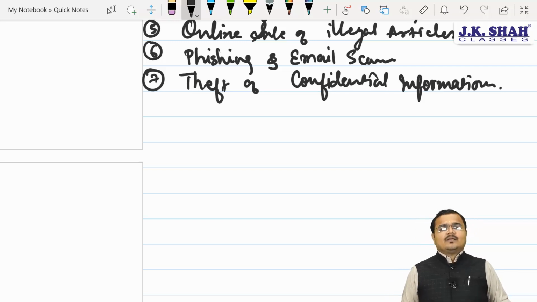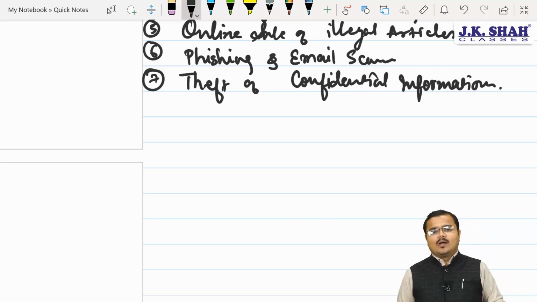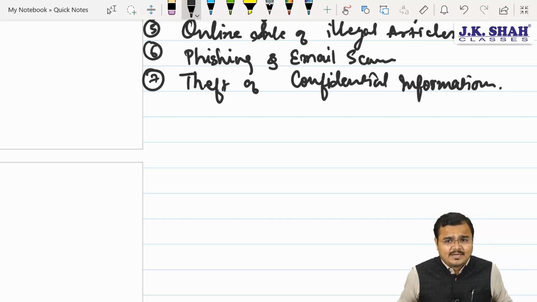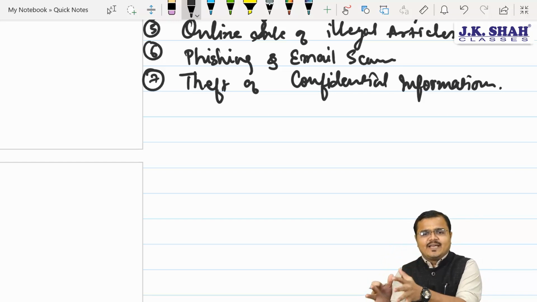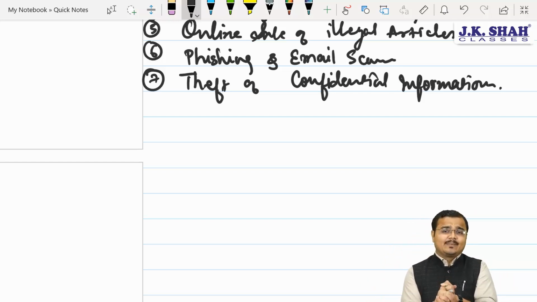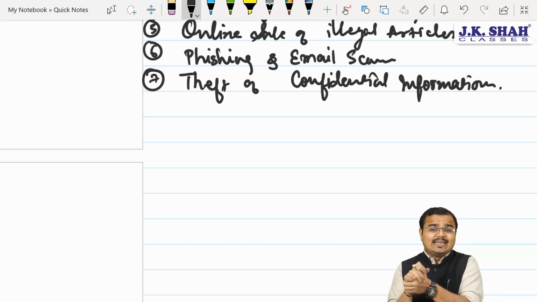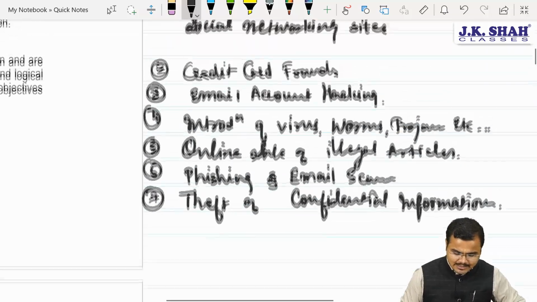And today, people are not ready to do any kind of physical theft, but they would like to do purely data theft only. They would try to make sure that some confidential information about the customers they must be able to acquire, and thereby chances of data leakage have increased tremendously.